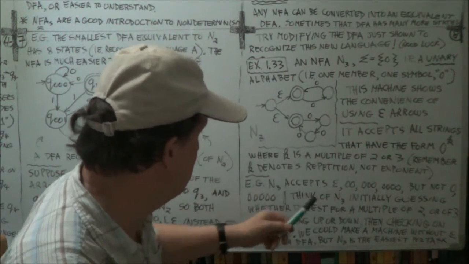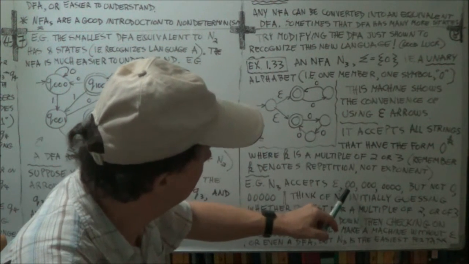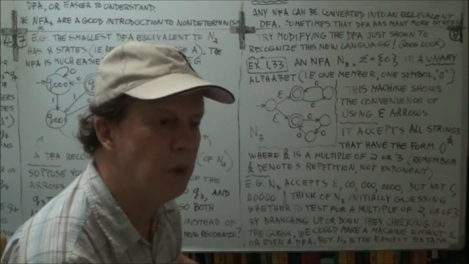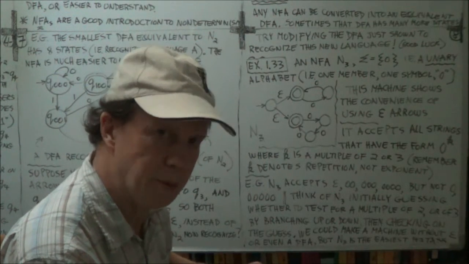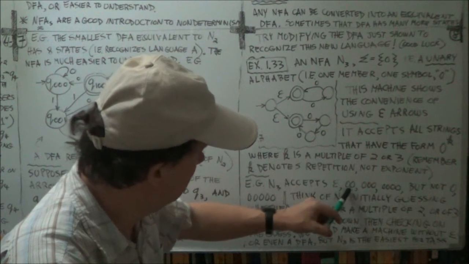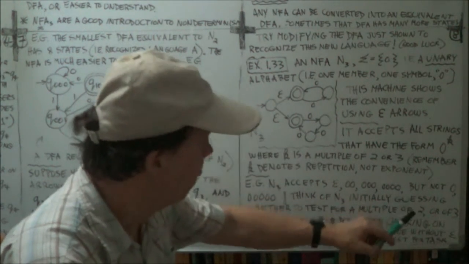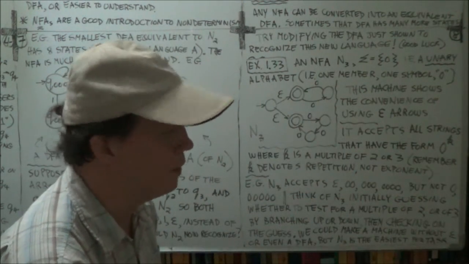Okay, so this machine should accept any string of length multiple of 2 or of length multiple of 3. So it would accept this, yeah, that's even, a multiple of 3, okay, that's even, okay, but it would not accept just one symbol, 0, because that's odd.